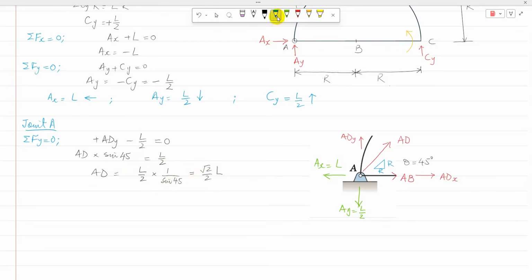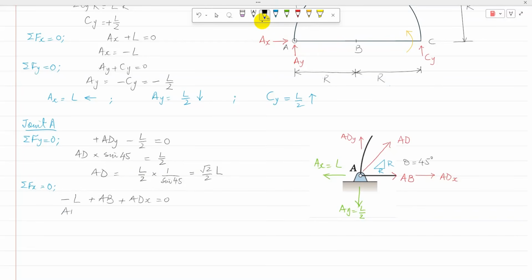Once it's done, I can apply sigma Fx equal to 0. For sigma Fx, the one known force is the reaction, which is towards the negative x-axis, so minus L plus AB, and the other one is plus ADX, equal to 0.